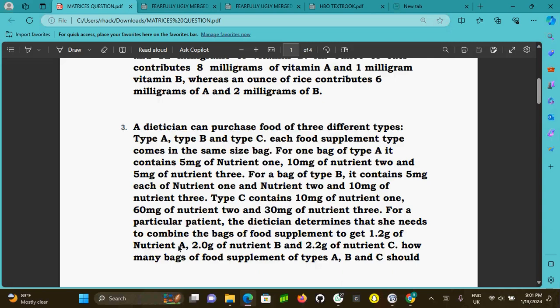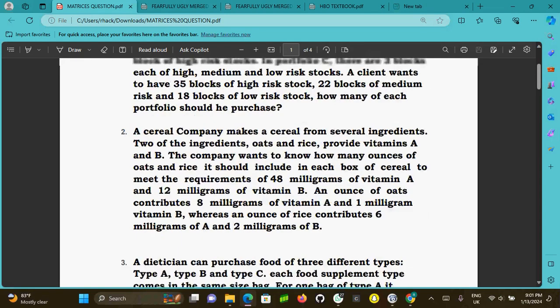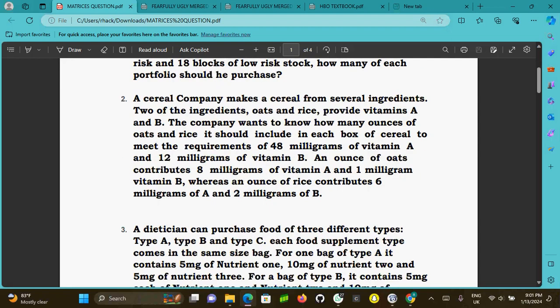It should be nutrient 1, not A. It should be nutrient 1, and here should be nutrient 2, and here should be nutrient 3. Right? So that's the only thing there. So remember it's nutrient 1, nutrient 2, and nutrient 3. That's all. So you should solve question 2 and question 3.